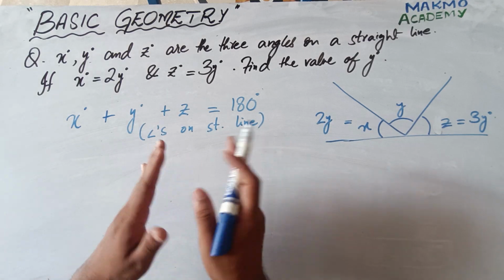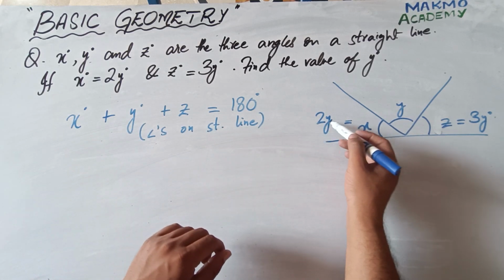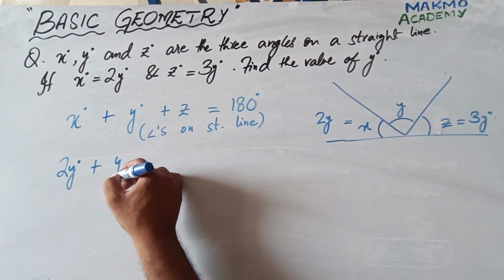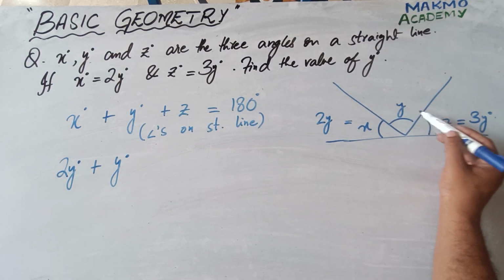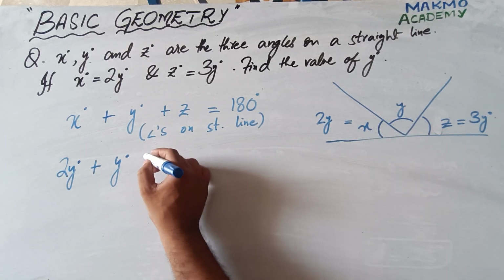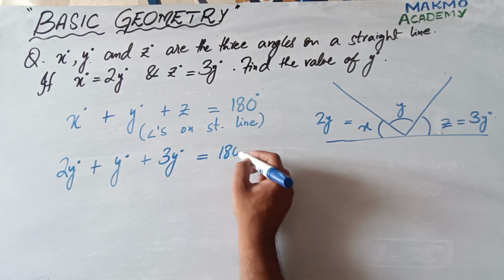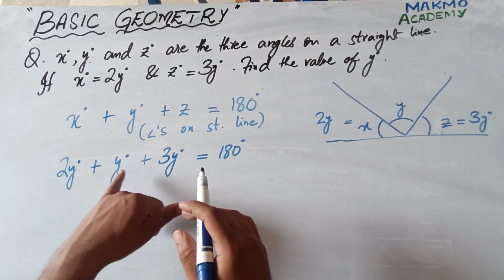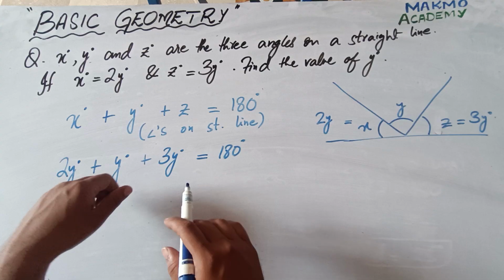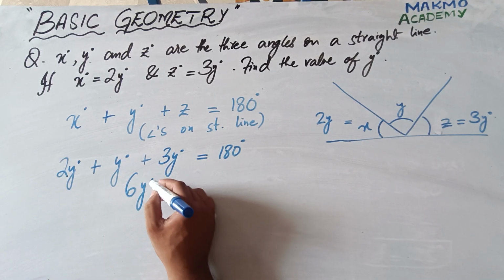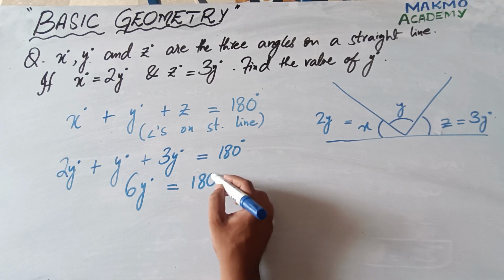Now we will substitute the values. Value of X is given, which is equal to 2y. Y is not given, so we will keep it as it is. And Z is 3y, so in place of Z we will write 3y, is equal to 180 degrees. Now add all of them because they all are like terms. 3 plus 2 is 5, 5 plus 1 is 6, so 6y is equal to 180 degrees.